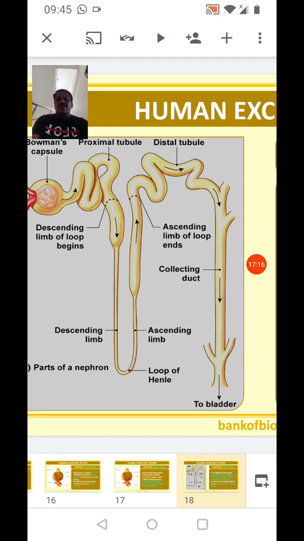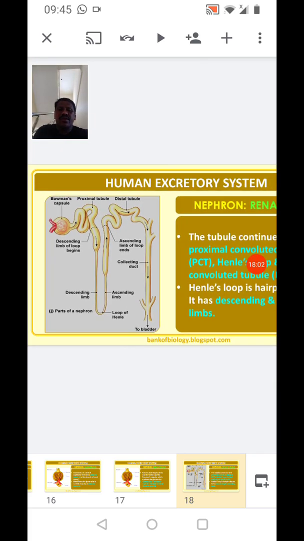The initial collecting ducts of neighboring nephrons will join with each other and form a straight collecting duct, and this straight collecting duct enters the medullary pyramids, and in the medullary pyramids all straight ducts will unite with each other and form the duct of Bellini, and the duct of Bellini opens into cup-like structures called calyces through a small opening at the tip of the renal papilla, and the calyces further open into the pelvis, and the pelvis opens into the ureter. Understood? Okay.